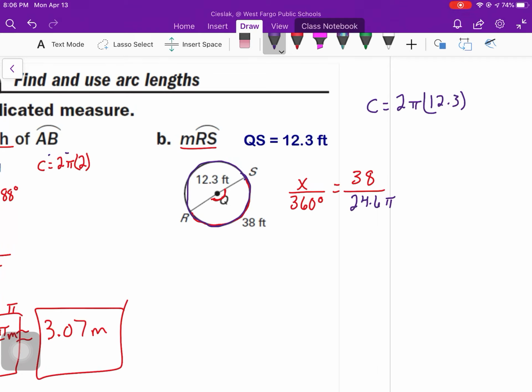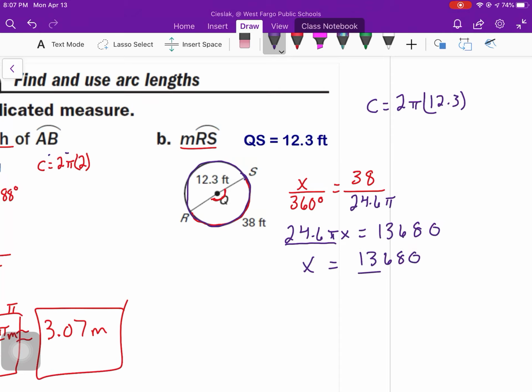Okay, so I'm going to cross multiply. I've got 24.6 pi x. Notice how I have not typed in the pi yet, because that's going to lead to rounding errors. That is all equal to 38 times 360, which gives me 13,680. To get x by itself, I need to divide by 24.6 pi, that's just a number.